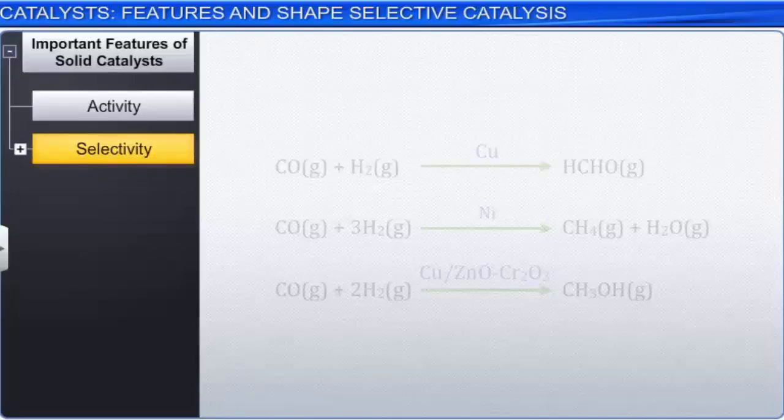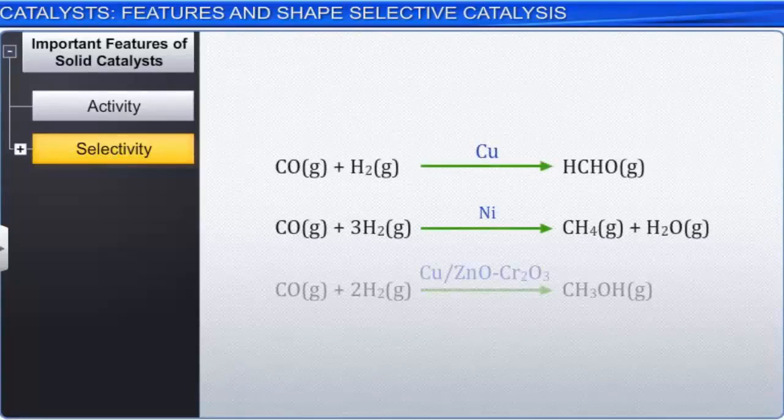Let's now look at the selectivity feature of a solid catalyst. Consider these chemical reactions of carbon monoxide and hydrogen in the presence of different catalysts. In the first reaction, carbon monoxide reacts with hydrogen in the presence of copper as the catalyst to form formaldehyde.